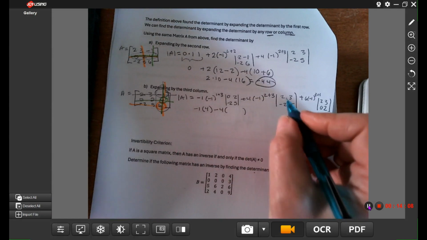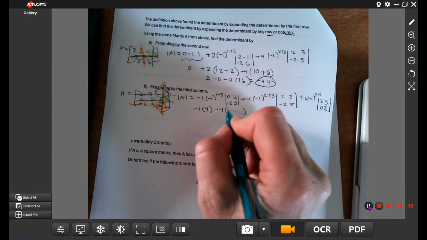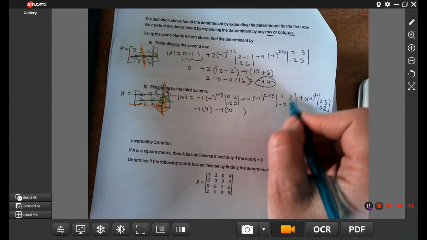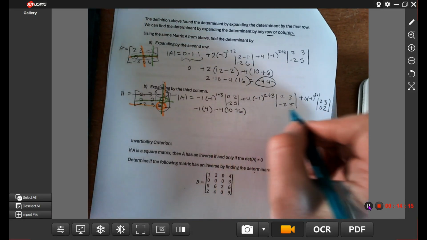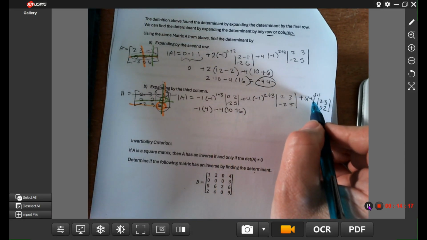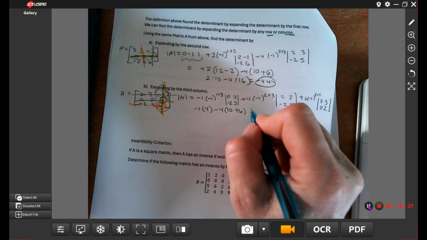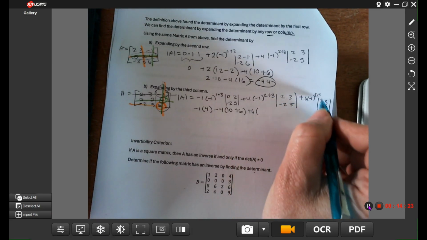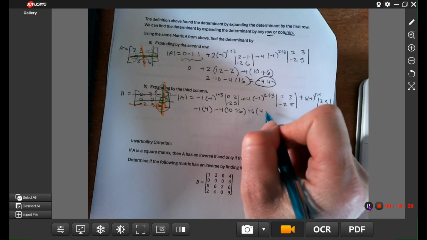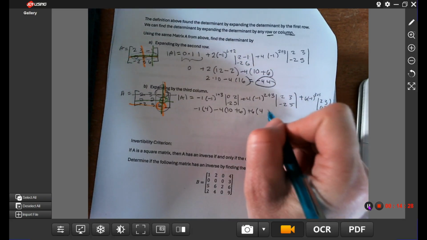And then this determinant is 10 minus negative, so plus 6. And then this term, negative 1 to an even exponent is positive, so this 6 is going to be positive, so plus 6 times this determinant. 2 times 2 is 4, minus 0.